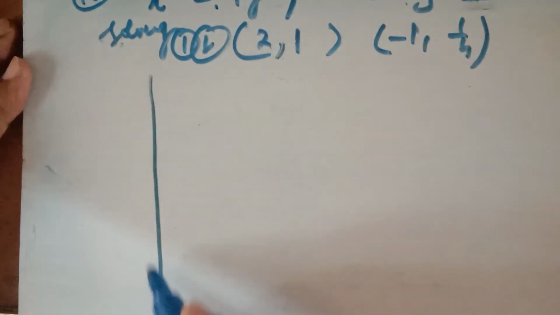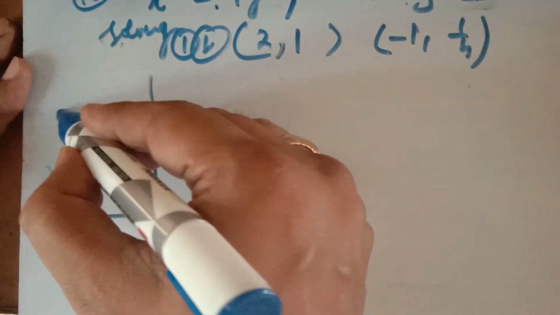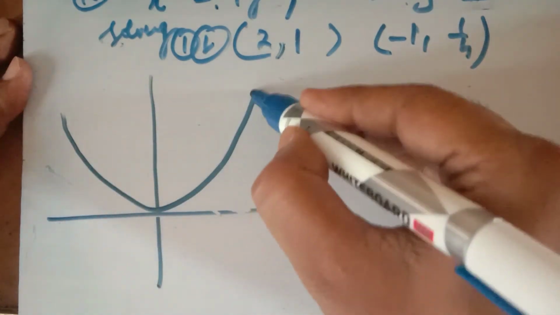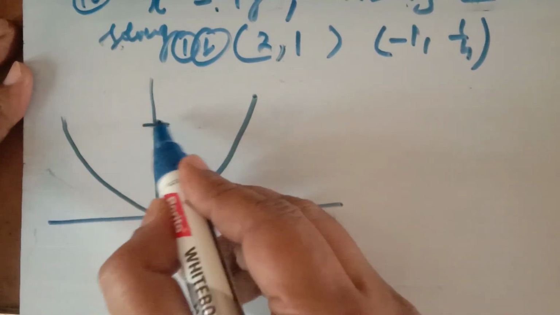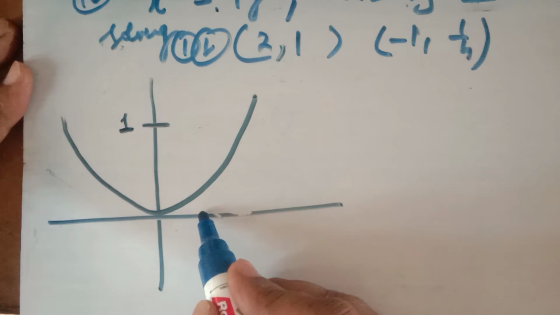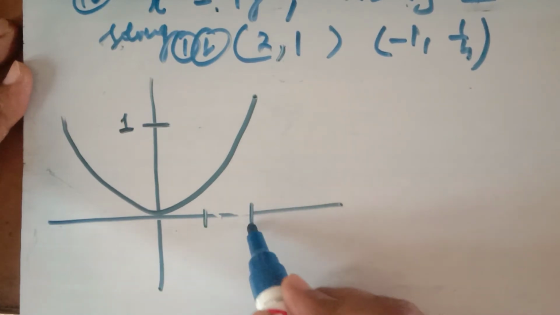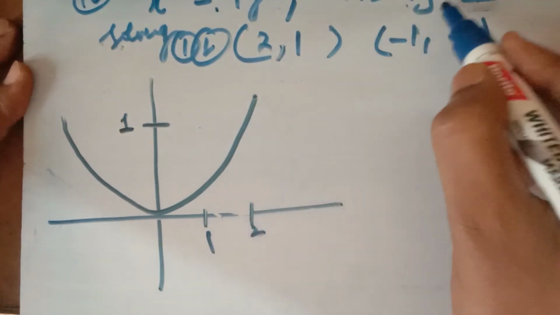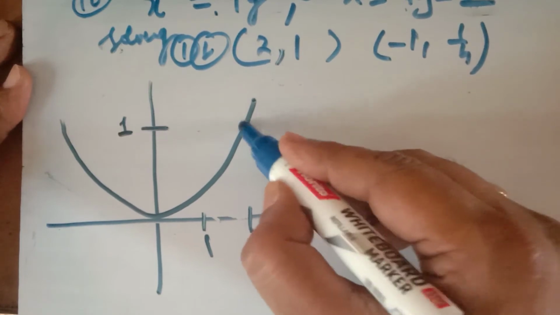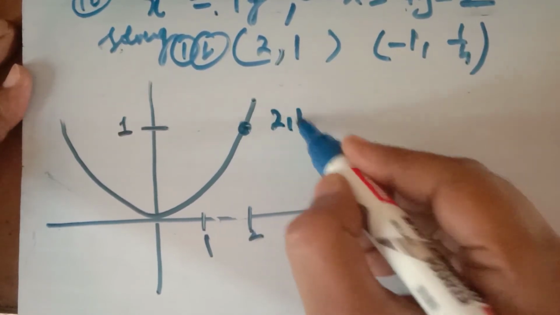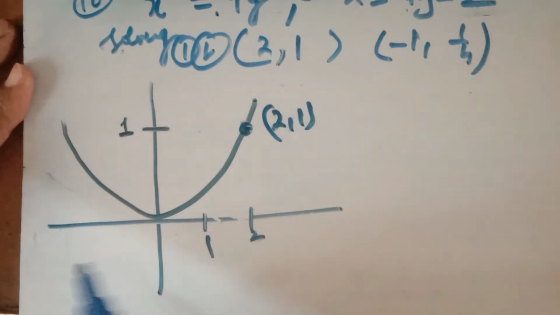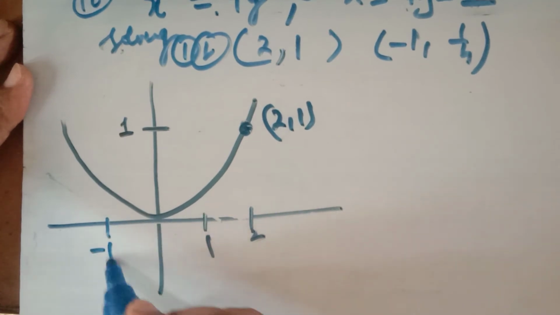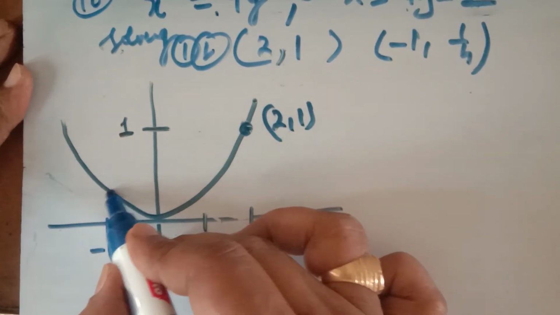Here is the vertical parabola. The points of intersection are marked: (2, 1) and (−1, 1/4) somewhere here.